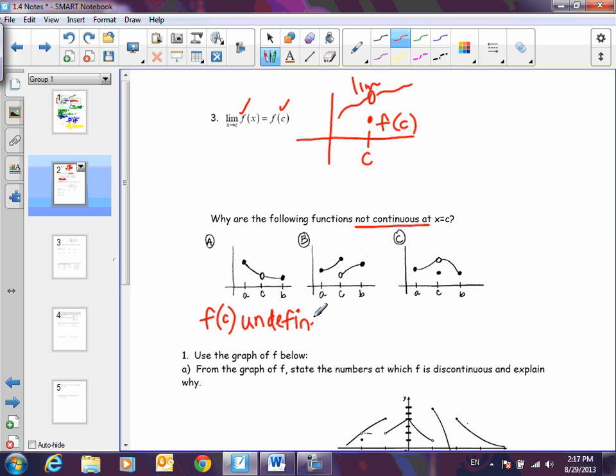This is the mathy way to say that. I'm going to switch colors here so it's easier to see. All right, what about B? What's not happening here to make this not continuous? There's a jump, so the limit doesn't exist.